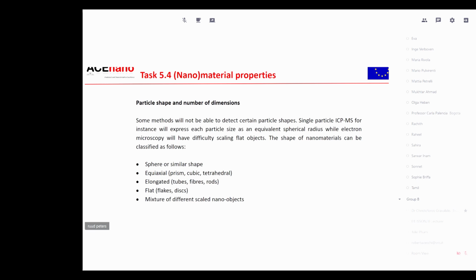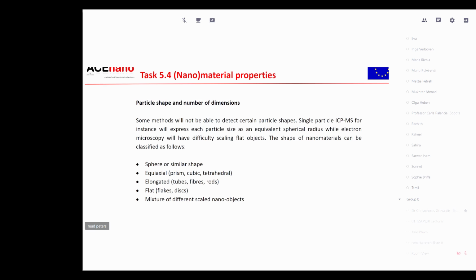It's also beneficial if we know anything about particle shape, since some methods will not be able to detect certain particle shapes. A single particle ICP-MS, for instance, will express each particle size as an equivalent spherical radius. So if you are dealing with a material which is in the form of rods, you may have a problem here.